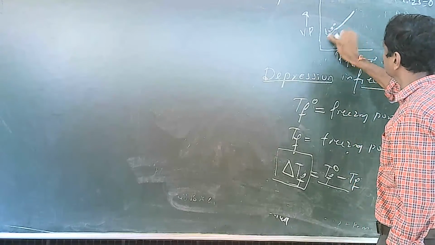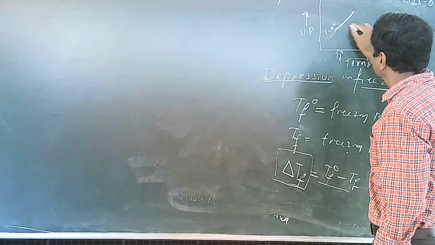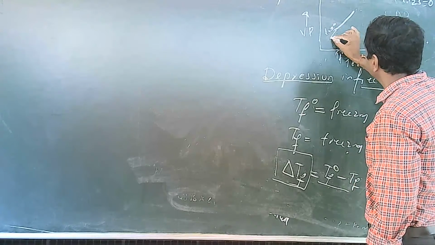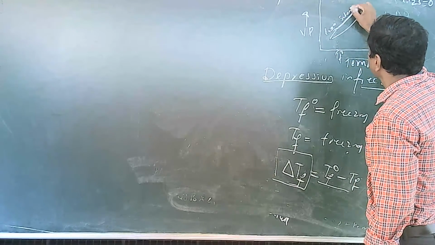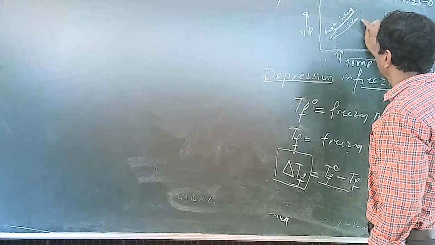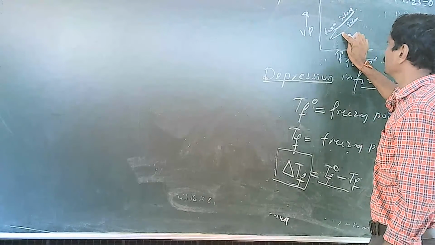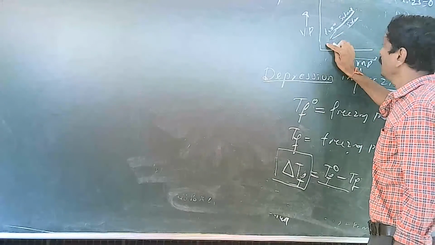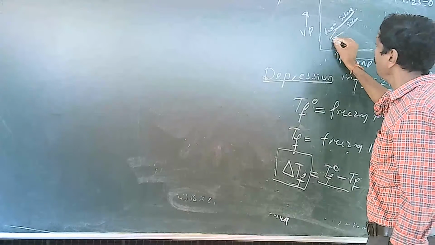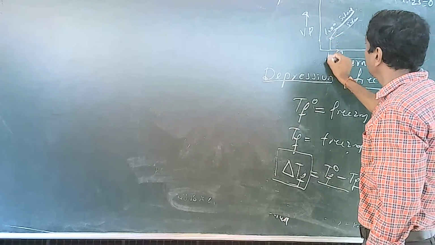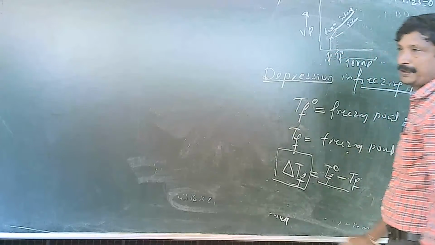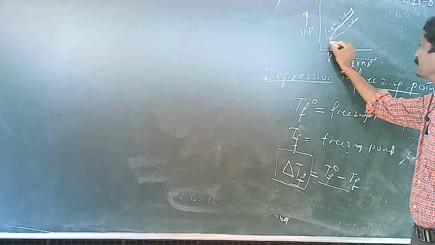For the solution, suppose you draw the graph like this. This is the solvent, and this is the solution. The vapor pressure of the solution also decreases, and it reaches the vapor pressure of the solid. This temperature is called Tf.